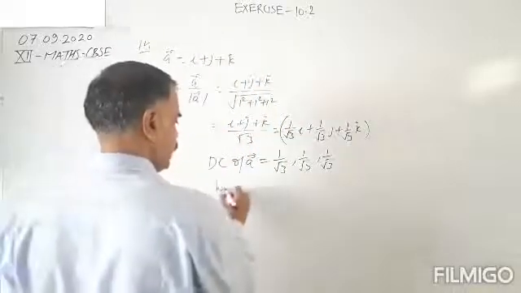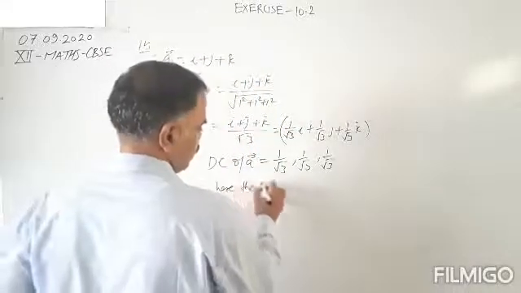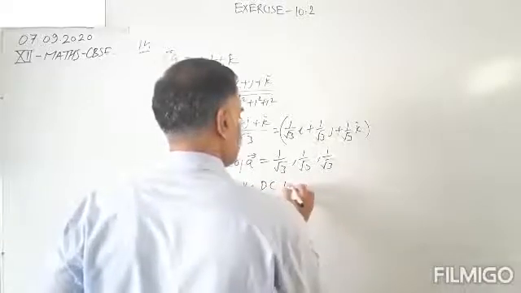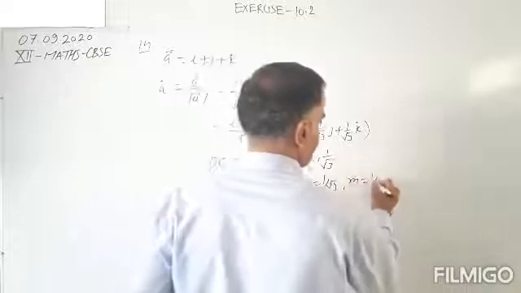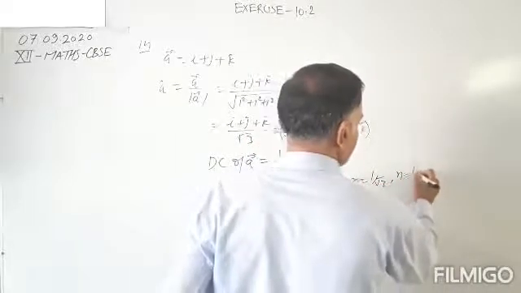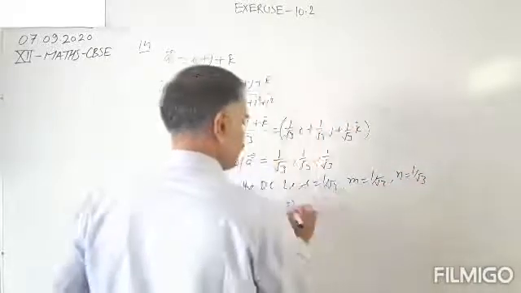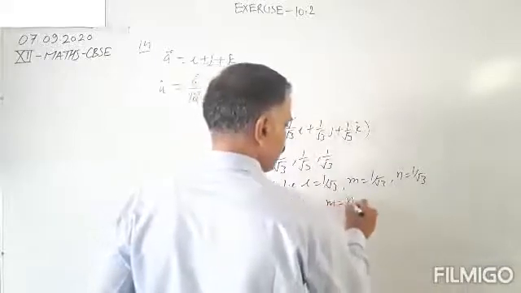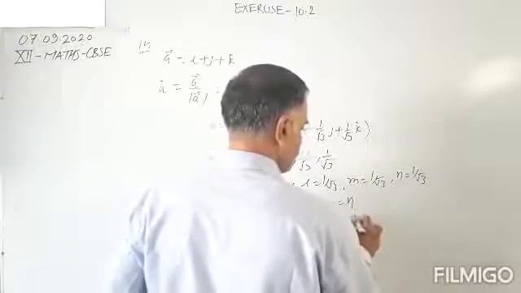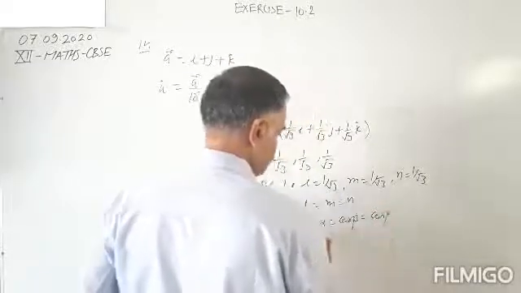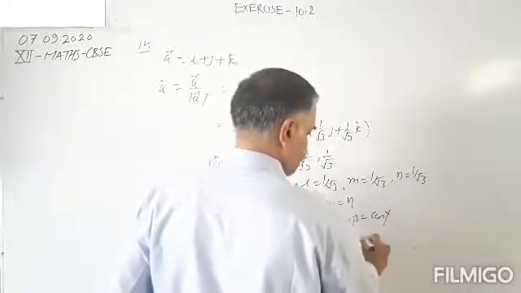Here the direction cosines are l equals 1/√3, m equals 1/√3 and n equals 1/√3, which means l equals m equals n, so cos alpha equals cos beta equals cos gamma, that is alpha equals beta equals gamma.